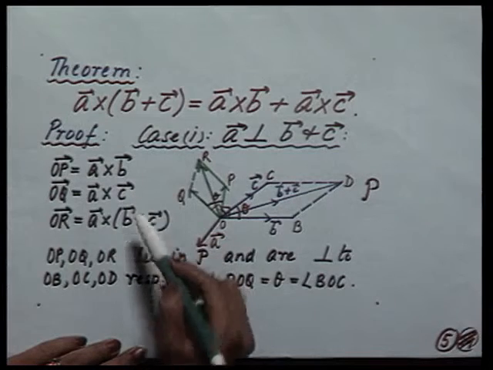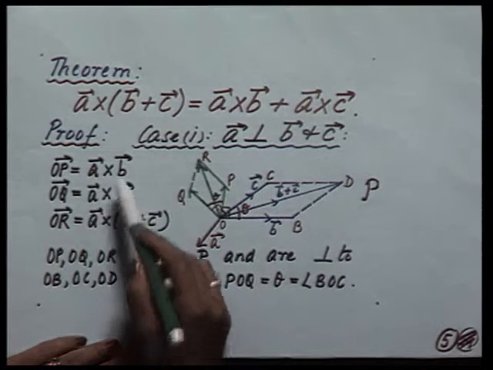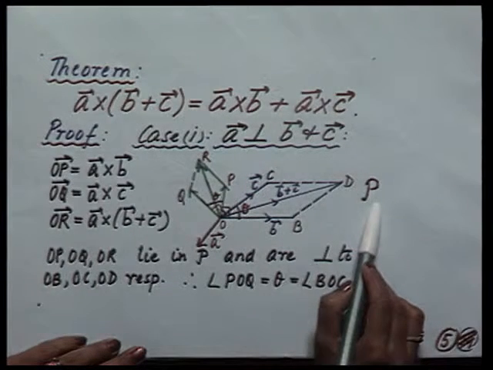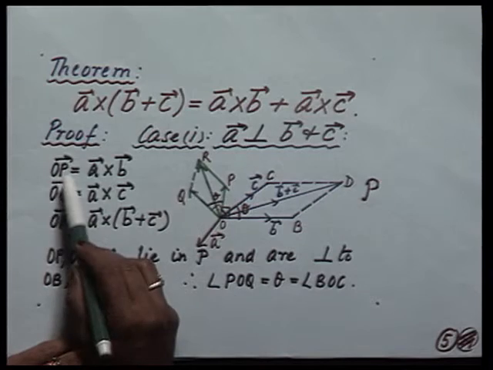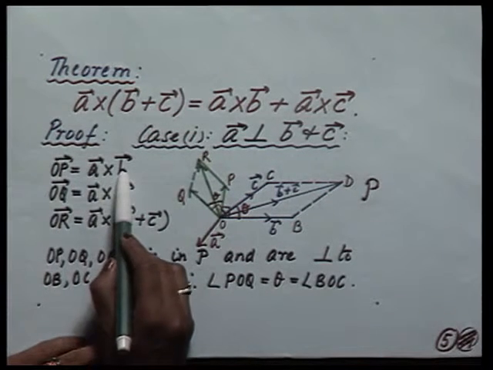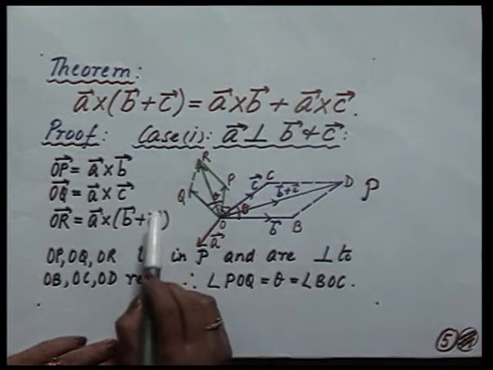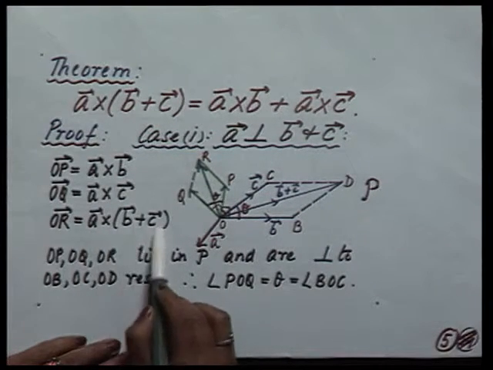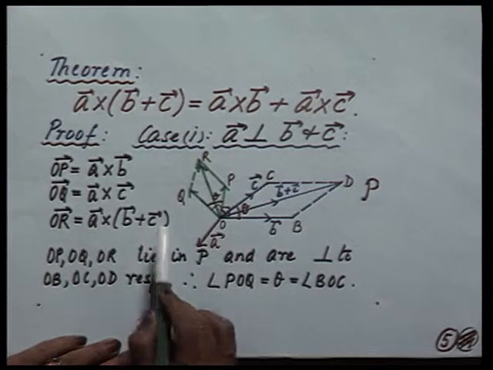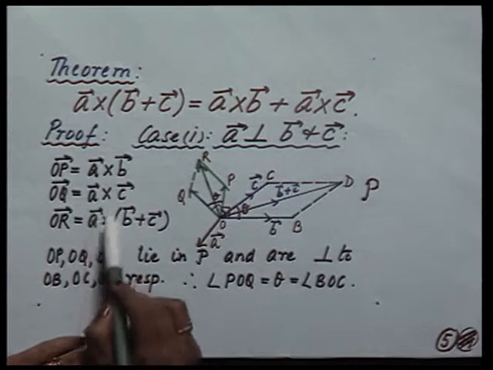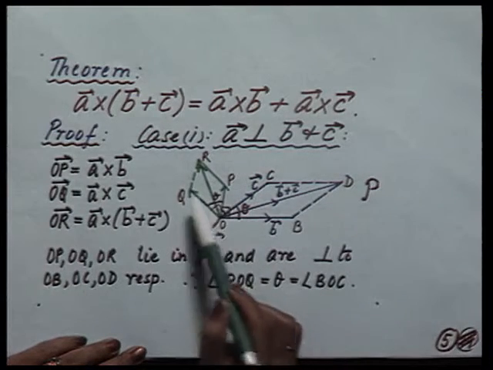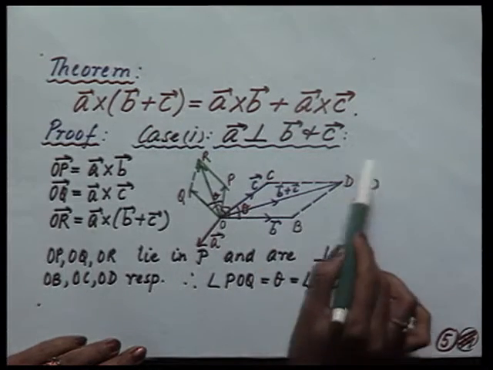Hence, all these three vectors must lie in the plane perpendicular to A, namely the plane P. Secondly, A cross B must also be perpendicular to B, A cross C to C and A cross (B plus C) to the vector B plus C. So, keeping that in mind, let us draw the vectors A cross B, A cross C, A cross (B plus C) as the vectors OP, OQ and OR in the same plane P.